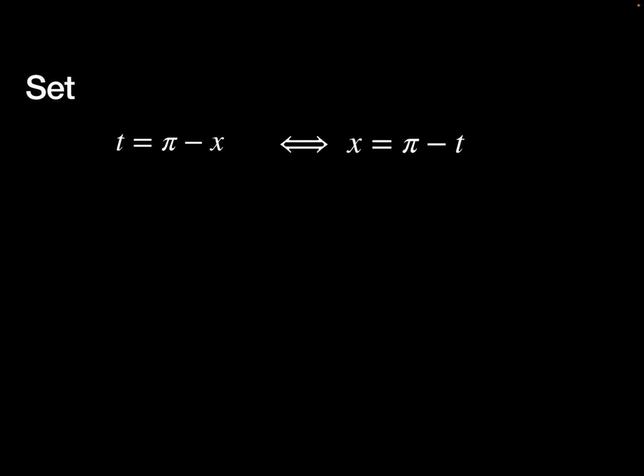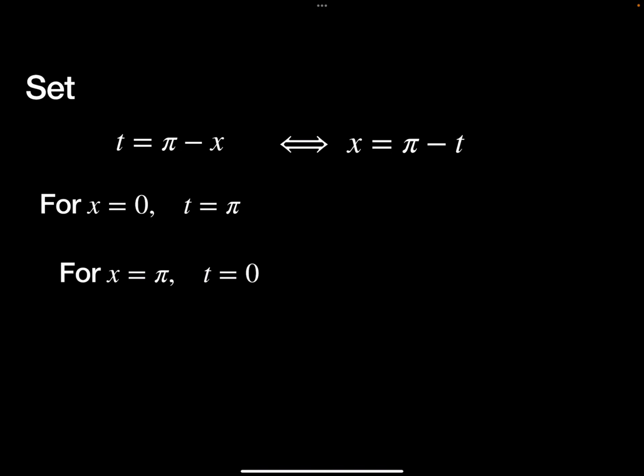Now, because we just made a change of variable, we're going to get some new limits of integration. So let's find them. For x equals 0, t is equal to pi. And for x equals pi, t is equal to 0. Also, if we differentiate x with respect to t, we get negative 1. So dx is equal to negative dt.